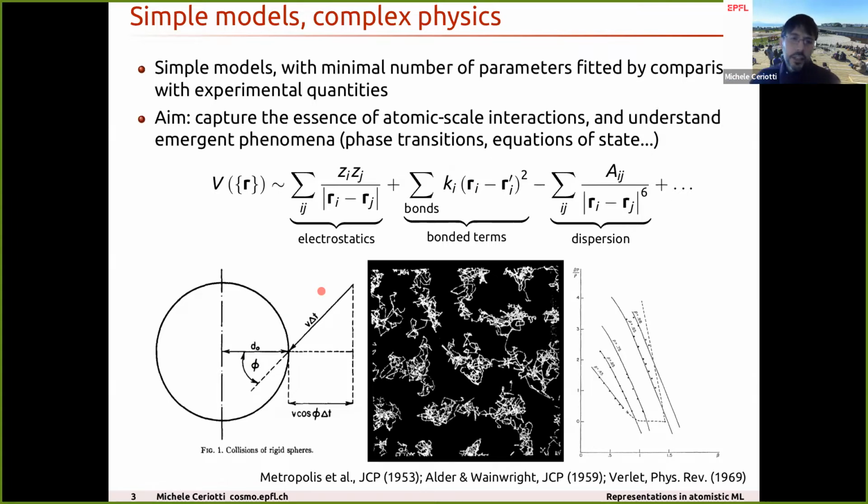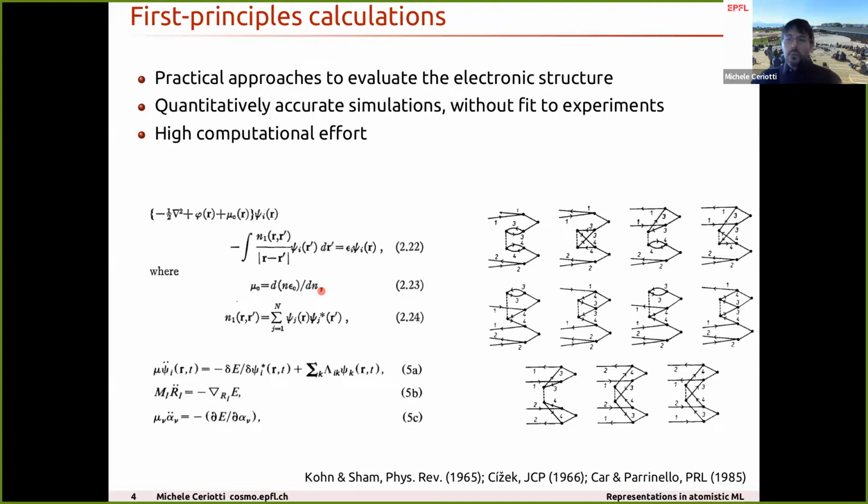Later on, with a combination of the increase in available computer power and the development of more efficient approximations to quantum mechanical theory, it has become possible to predict the interatomic potential, so the interaction between the atoms, or the microscopic properties of matter, as we say, from first principles.